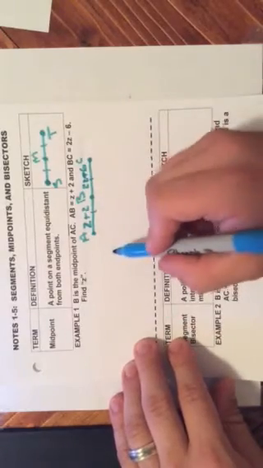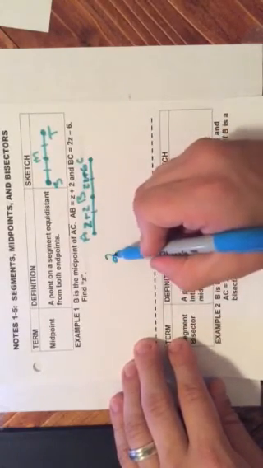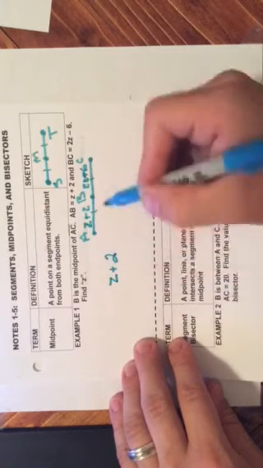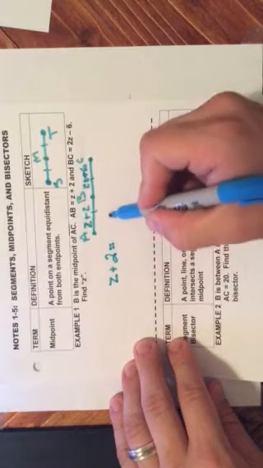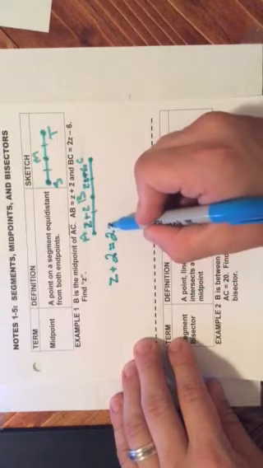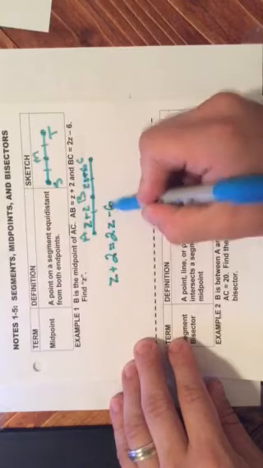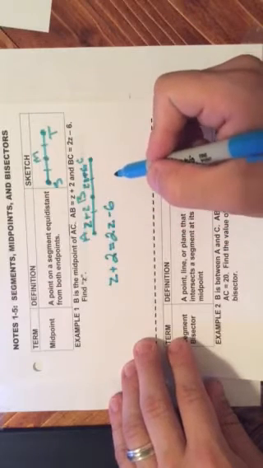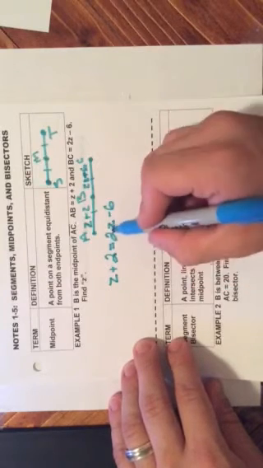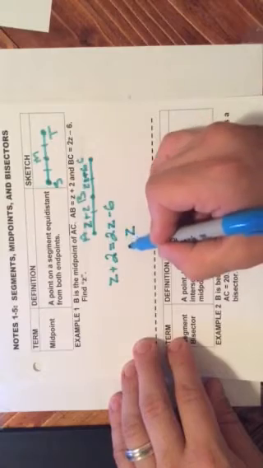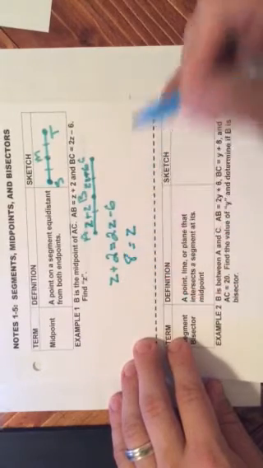So in this case, I can say that Z plus 2 equals 2Z minus 6. So in this case, that would mean that Z would equal 8.